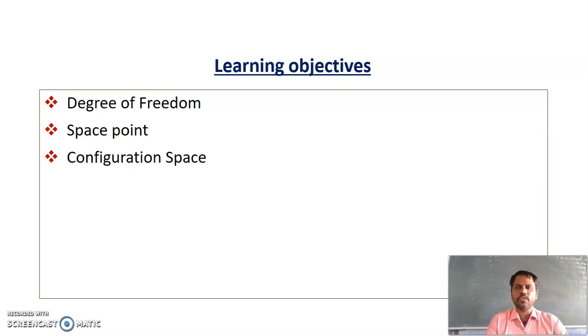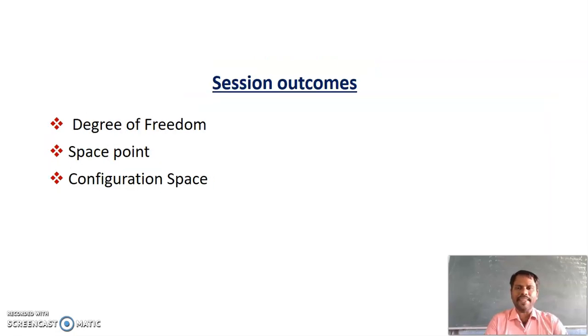The learning objective of this session is to understand degrees of freedom, space point, and configuration space. By the end of this session, you will be able to understand what is meant by degree of freedom, space point, and configuration space.